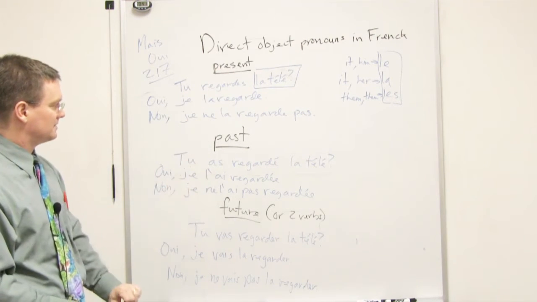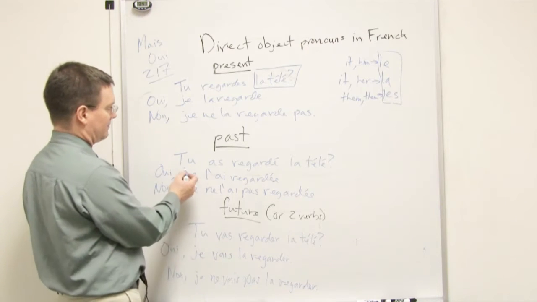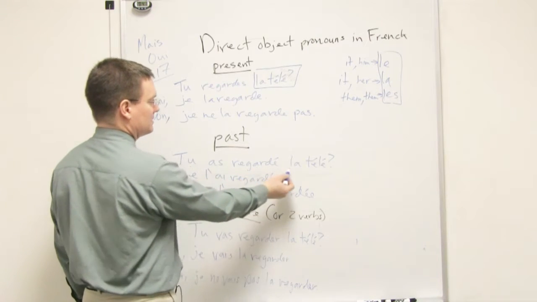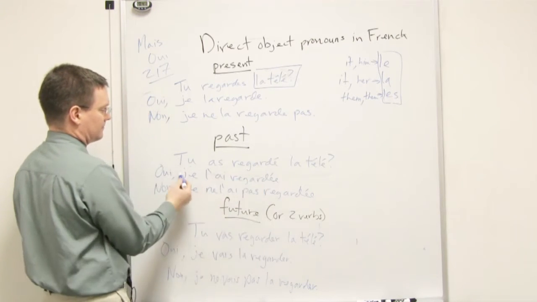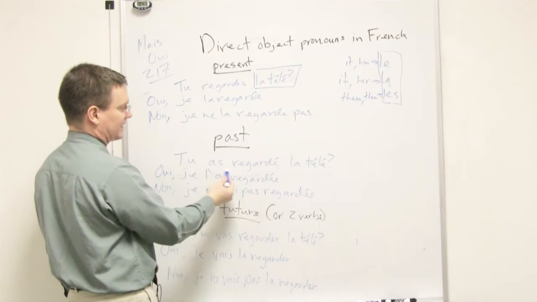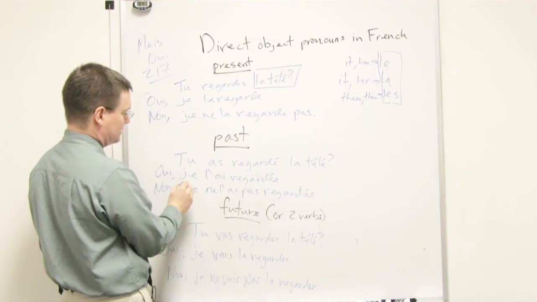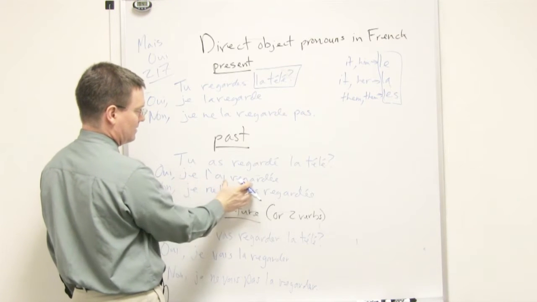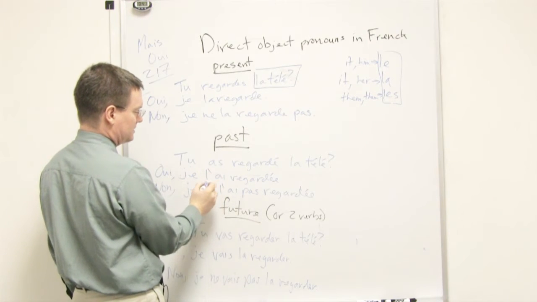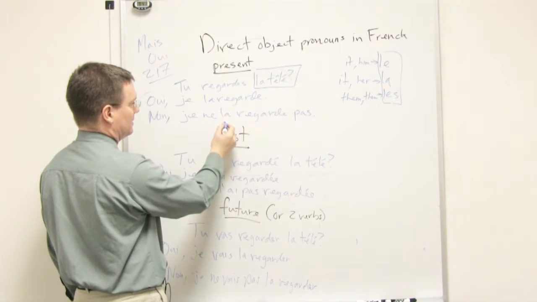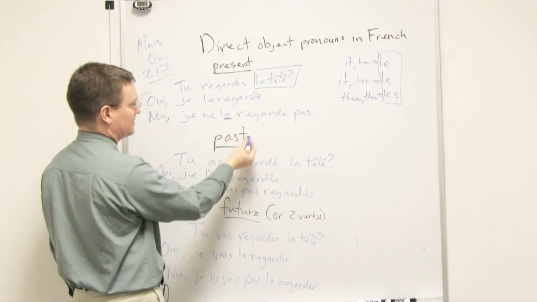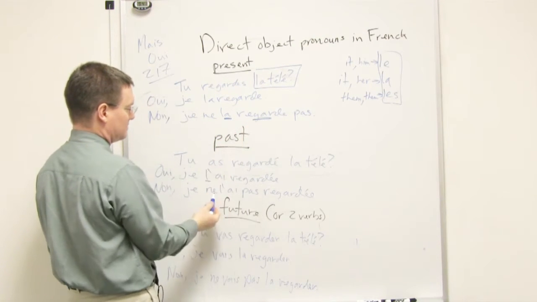For the past tense, we have, for example, you have watched TV, or you watched TV, or you did watch TV. Tu as regardé la télé? Oui, je l'ai regardée. Notice here, I watched it. Notice you always put pronouns in front of the verbs that modify them. This is the only verb in this phrase, that's why the pronoun is placed here.